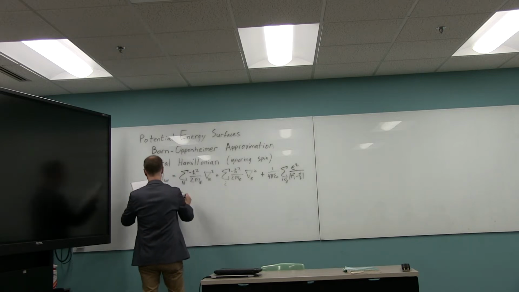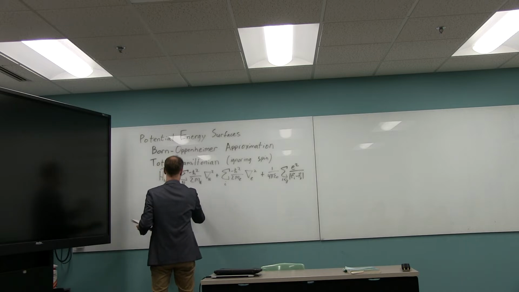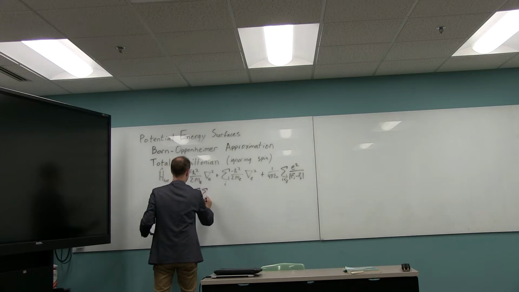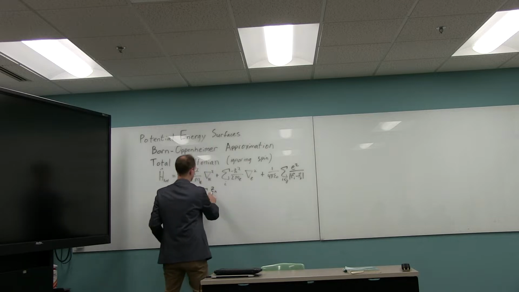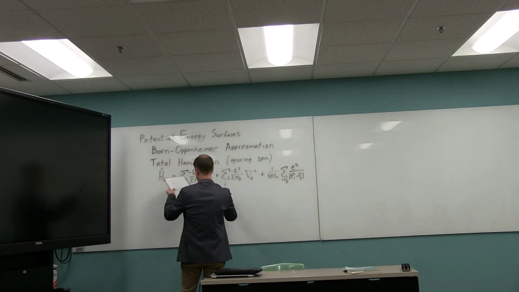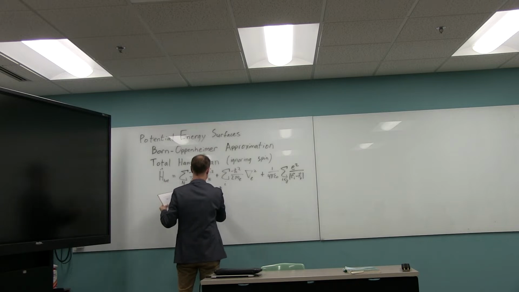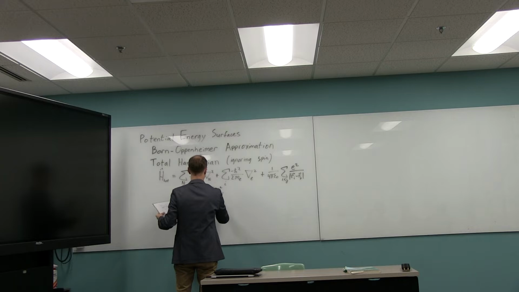Then we get an electron-nuclear attraction term, where we sum over every electron i and every nucleus N, and we get the atomic number of the nucleus times the charge squared. And then we divide by the distance between the electron and the nucleus.